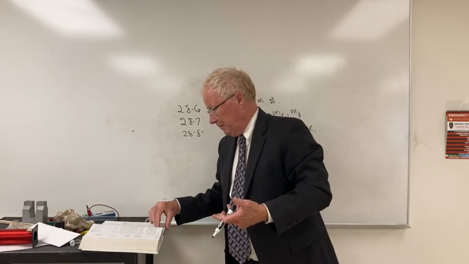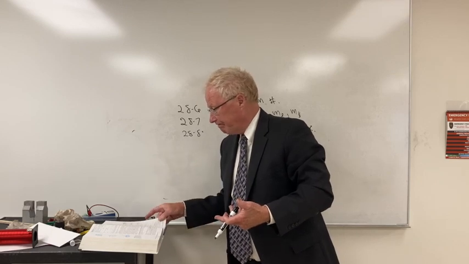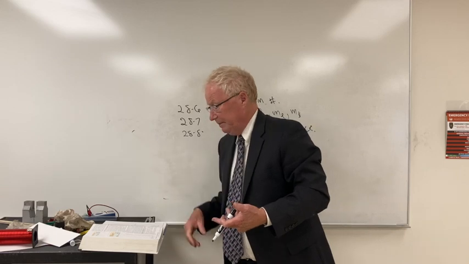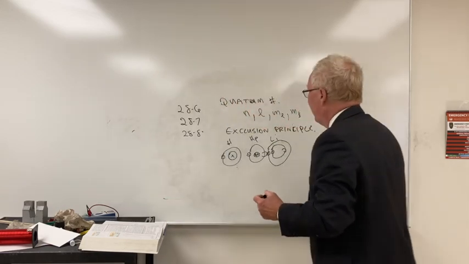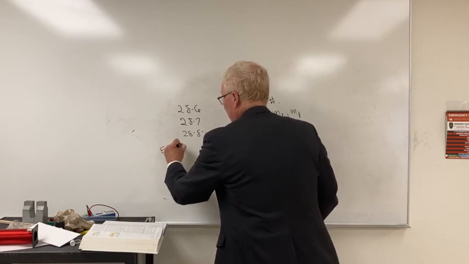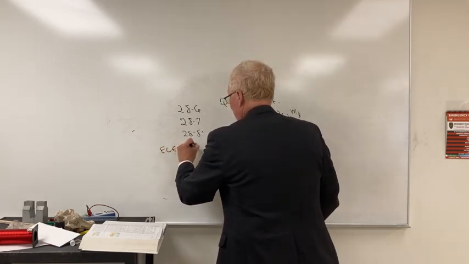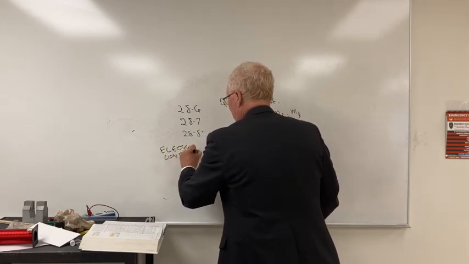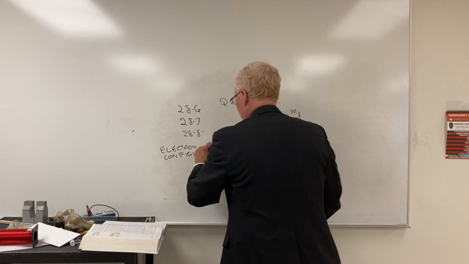All right. Then 28.8 also talks about electron configuration. So we also have problems with that. How do the rules for that apply?